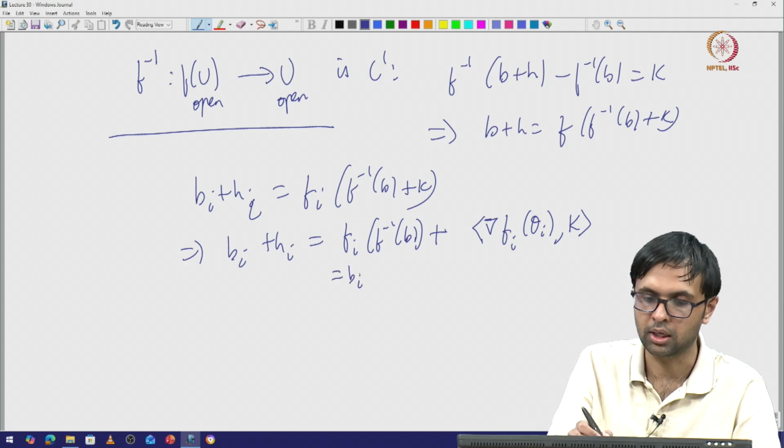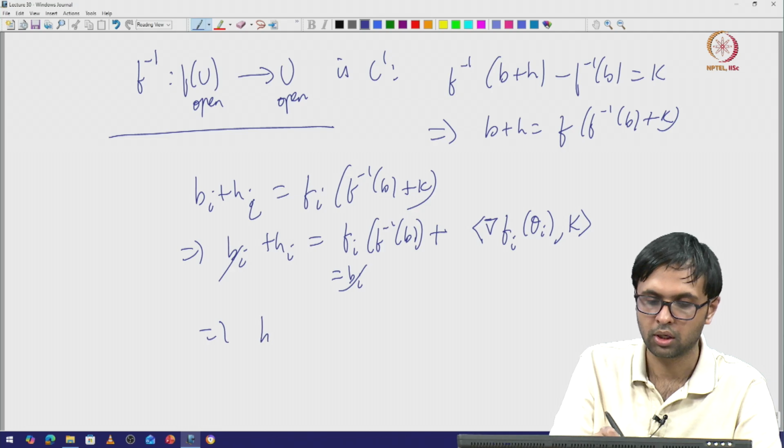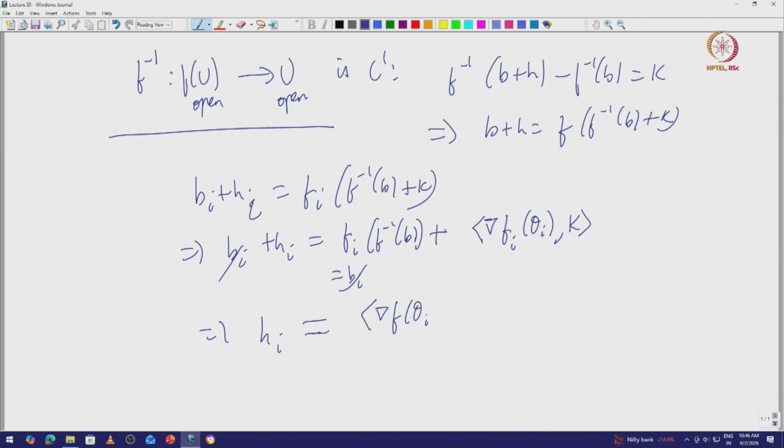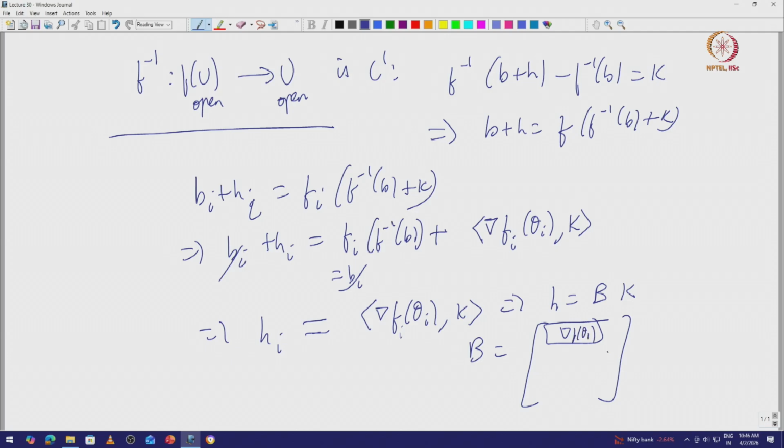This is b_i, so these two cancel out. So the ith component is gradient f_i of theta_i dot k. In other words, the vector h is some matrix times k, where if you take this matrix, the first row is gradient f_1 of theta_1, the second row is gradient f_2 of theta_2, etc. So h is B times k.